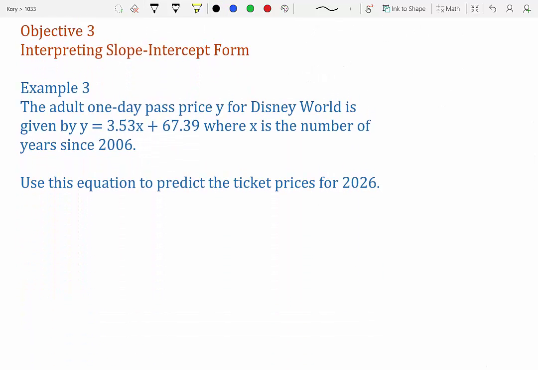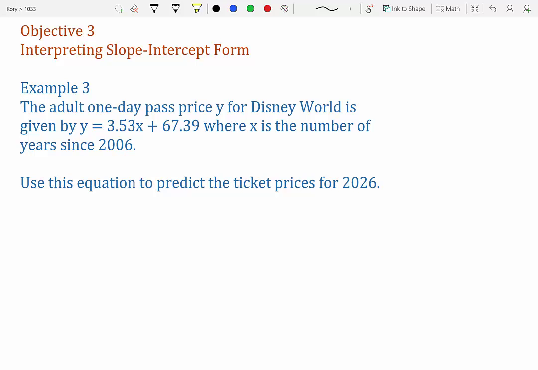Objective 3. The adult one-day price, y, for Disney World is given by y equals 3.53x plus 67.39, where x is the number of years since 2006. Use this equation to predict the ticket prices of 2026.